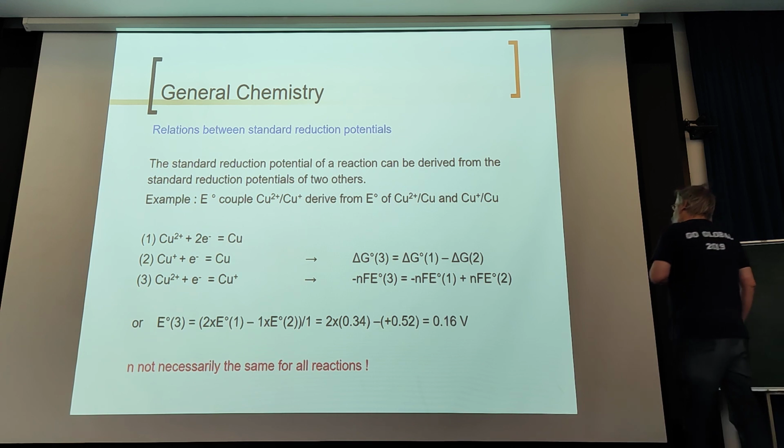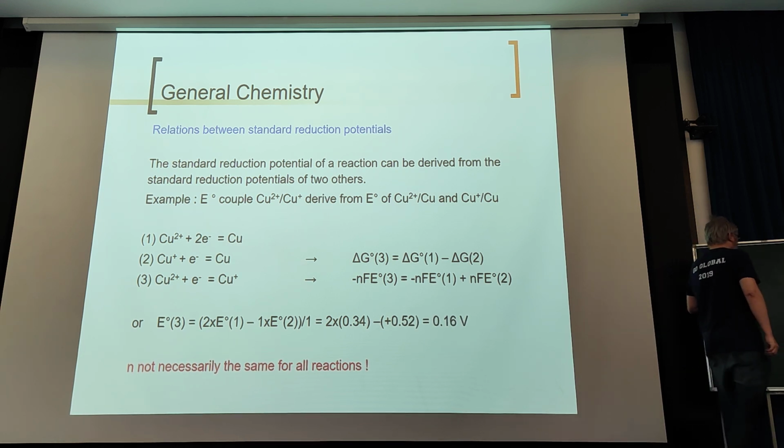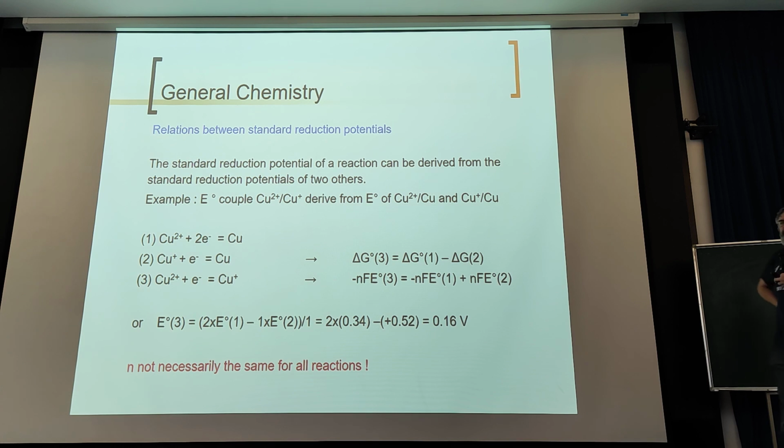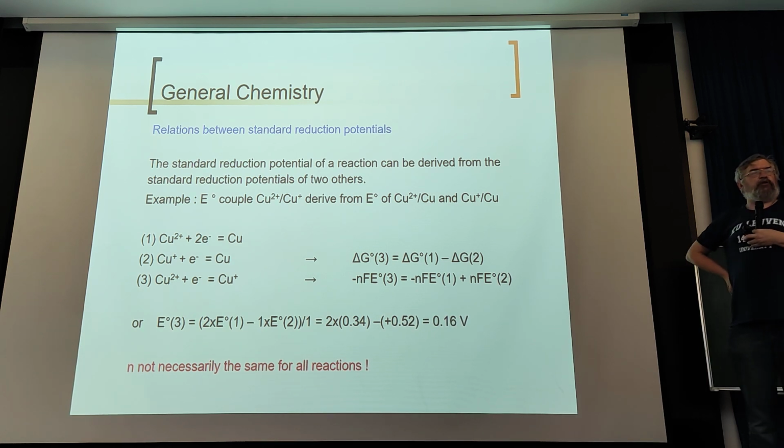The second reaction is the one where copper 1 is being reduced to copper metal. This will have a different potential. And then the third one is where copper 2 plus is being reduced, but not to copper metal, but to copper 1. Now the potentials of the first and the second reaction are known.